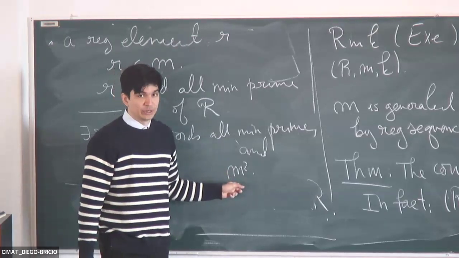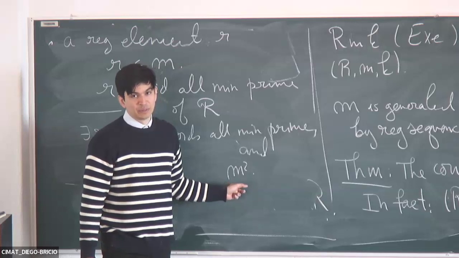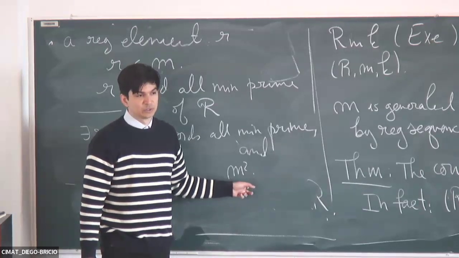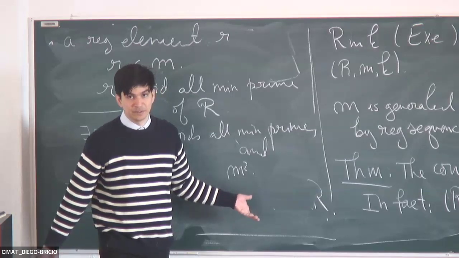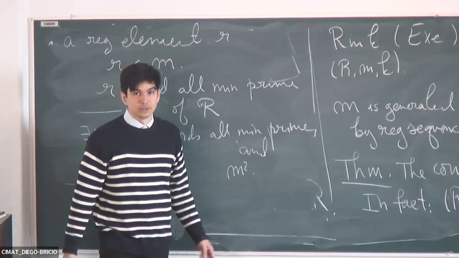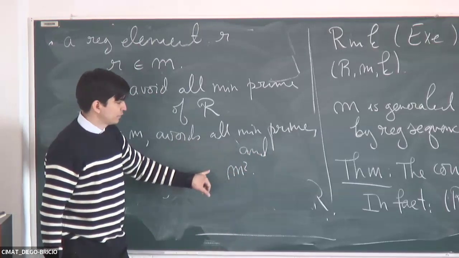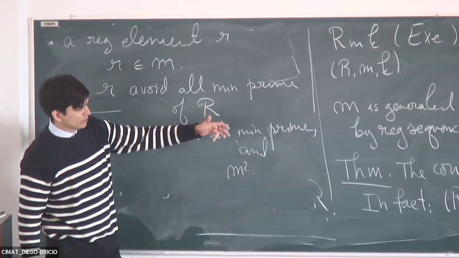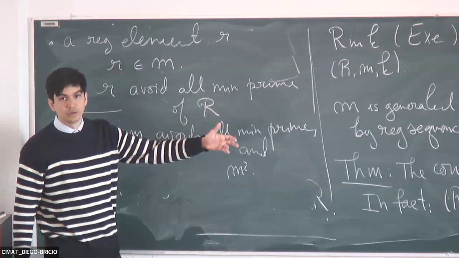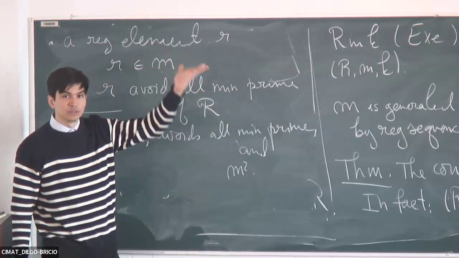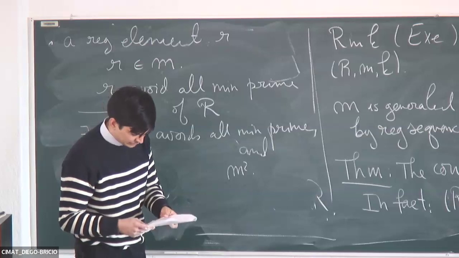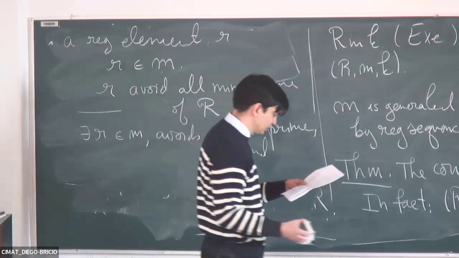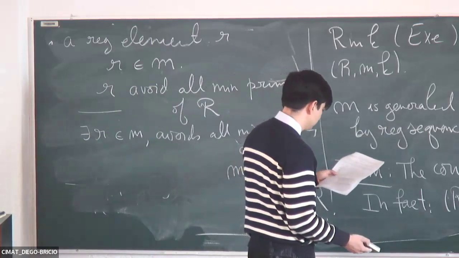And it avoids M squared also because of dimension reasons, because if M equals M squared, by Nakayama's lemma, M is zero, and therefore the ring is a field, right? So by dimension reason, you can avoid all of them, and therefore by prime avoidance, you can avoid the union, and you get what you want. I guess that's an exercise here too, but I kind of just solved it.